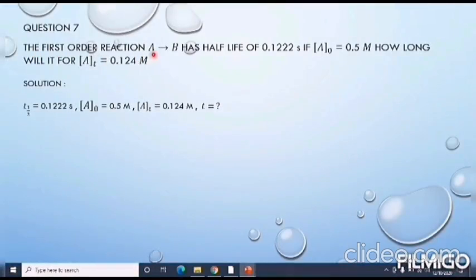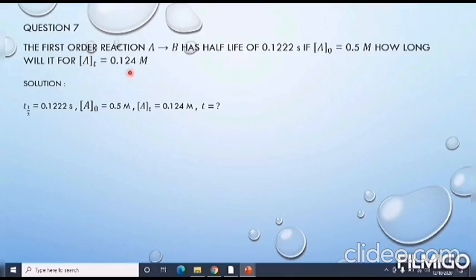The question: given the first order reaction A produces B has a half-life of 0.122 seconds, if the concentration of A naught is 0.5, how long will it take for the concentration of At to be 0.124?